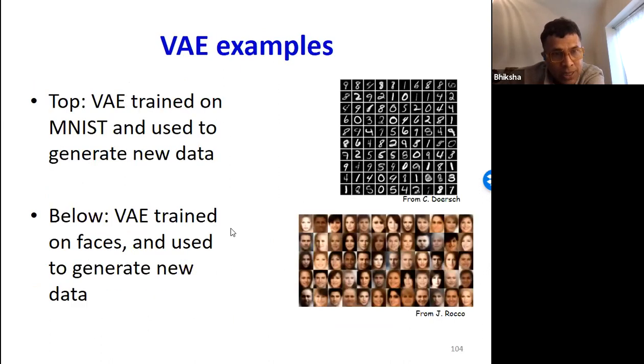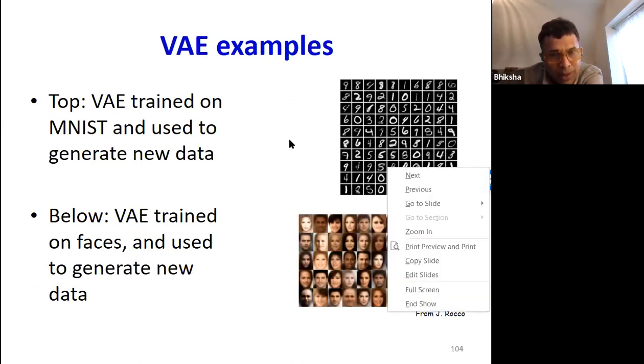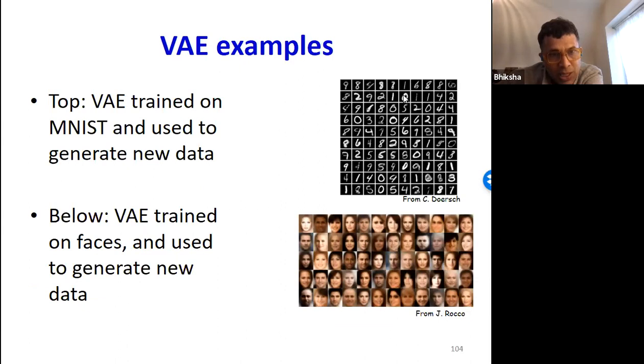They can learn very complex distributions. For example, this was from Kingma's paper, where he trained a VAE to learn the distribution of MNIST digits. And you can see that when you generate samples from the VAE, it ends up looking like MNIST digits.